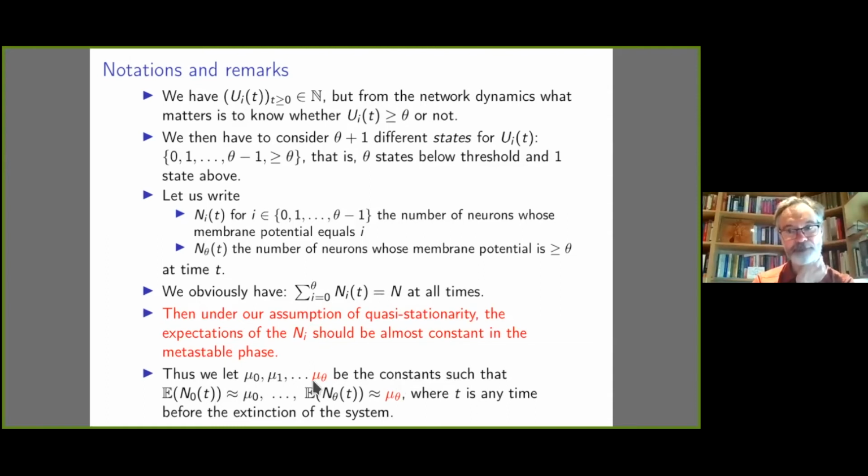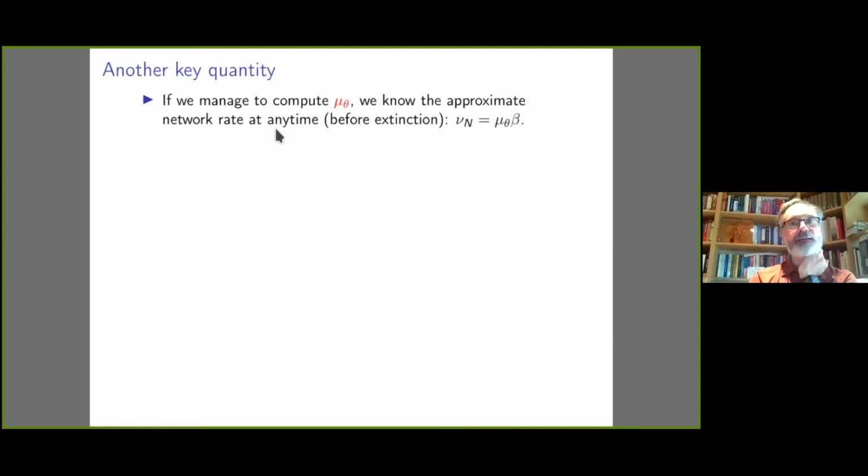Okay. If I manage to compute mu theta, so the mean number of neurons at or above threshold, then I have the network rate. The network rate nu N is just mu theta times beta, since all the neurons fire independently when they are above threshold.